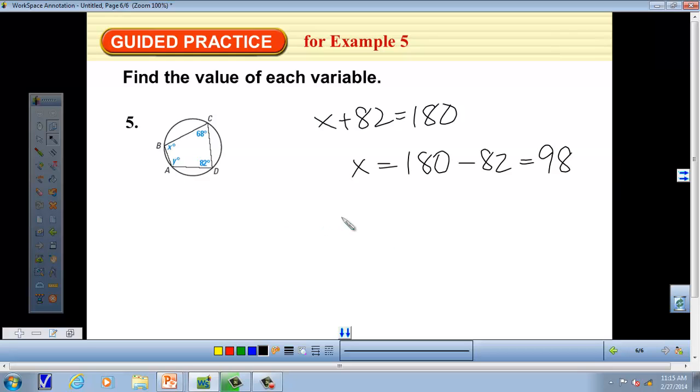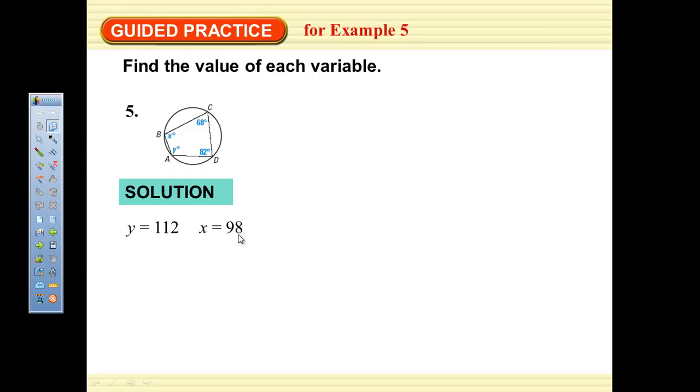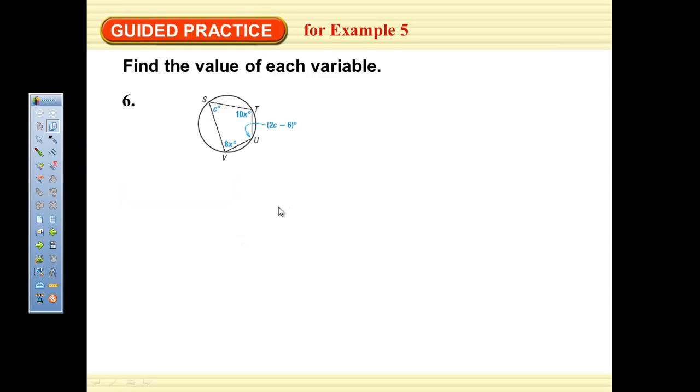Okay, and for the other one, we have y plus 68 equals 180, or you could just say y equals 180 minus 68, which gives us y equals 112. So again, y is 112, x is 98.